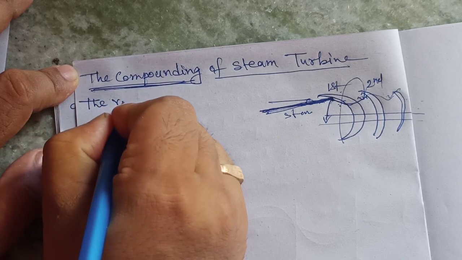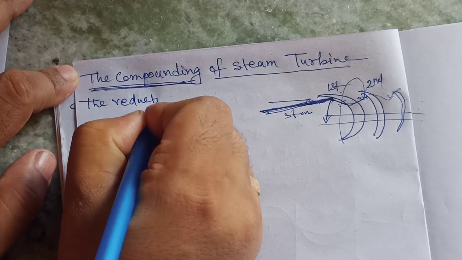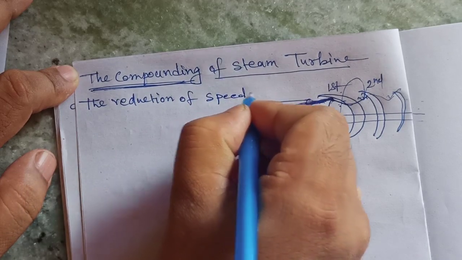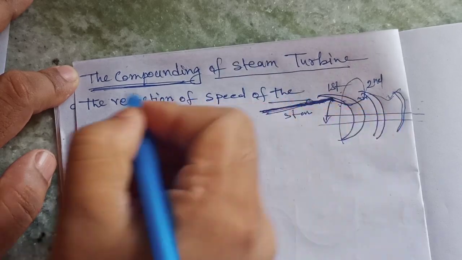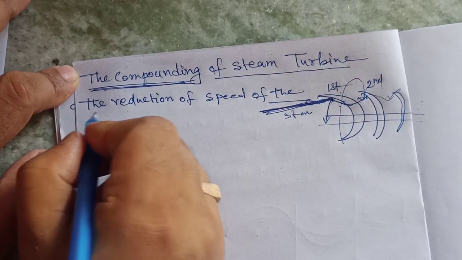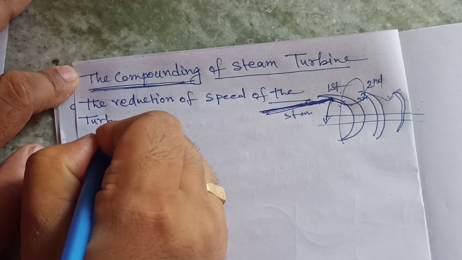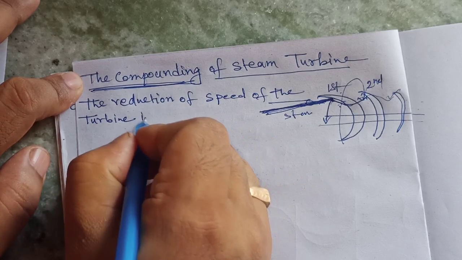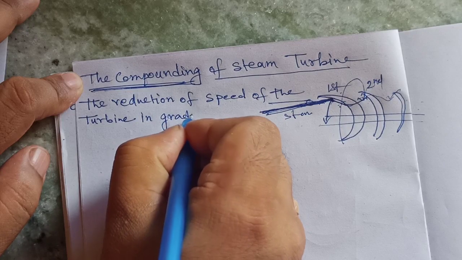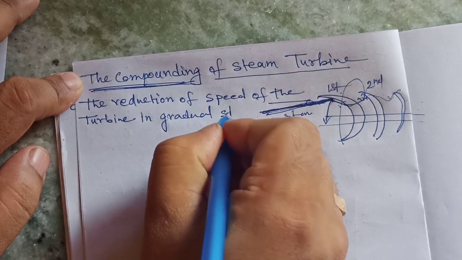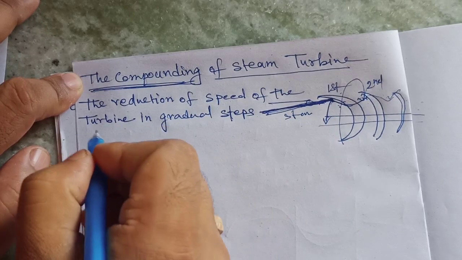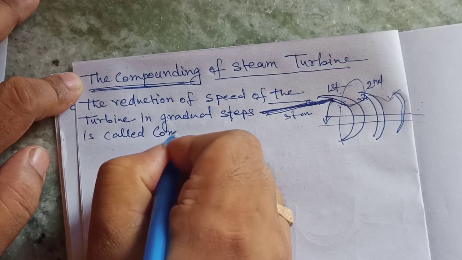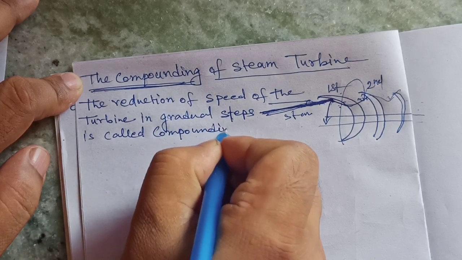The reduction of speed of the turbine in gradual steps is called compounding.